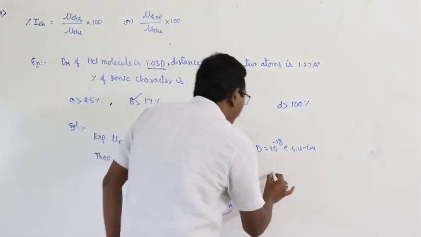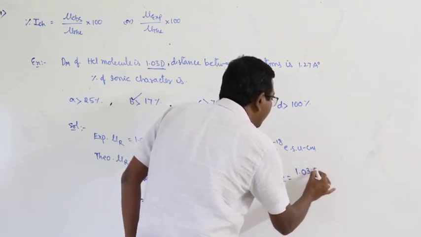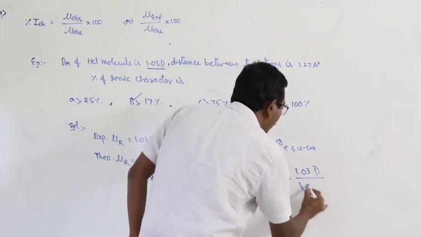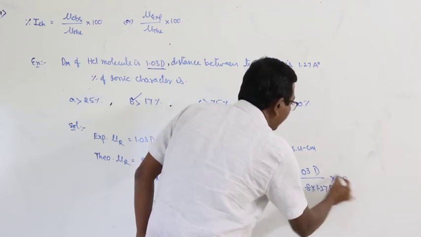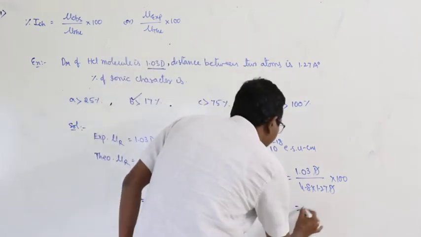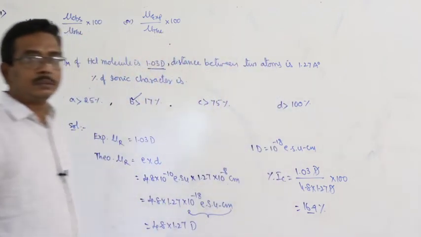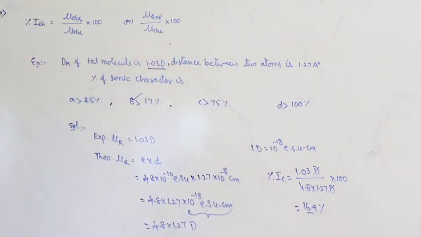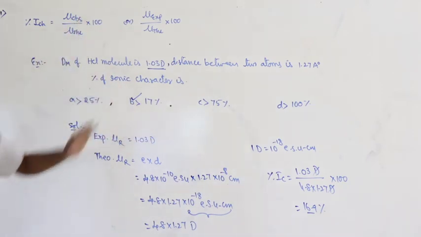Now, percentage of ionic character is equal to 1.03 Debye by 4.8 into 1.27 Debye into 100. Debye cancel. Finally, the answer is 16.9%. This is one of the models related to the calculation of percentage of ionic character.